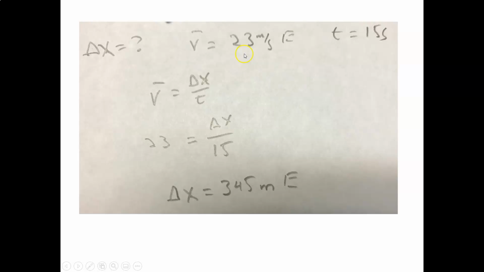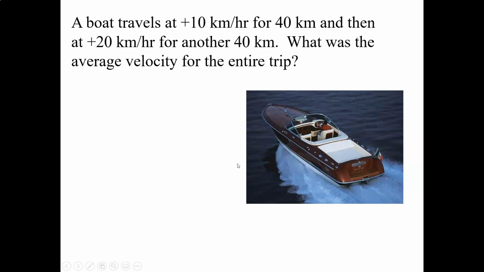It gives us an average velocity v bar of 23 meters per second east, and the time is 15 seconds. So using our equation, v bar equals delta x over t, substituting in 23 equals delta x over 15, and then doing the algebra, we get that the displacement is 345 meters east. So that is just a quick example of using the equation average velocity equals displacement over time.